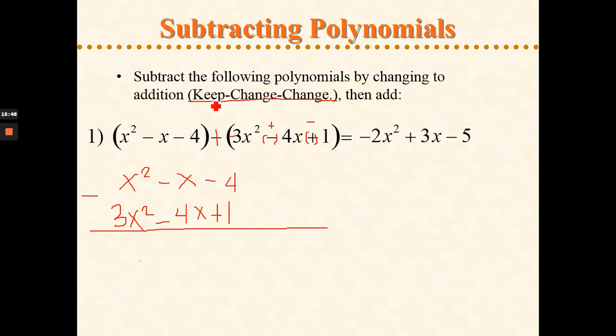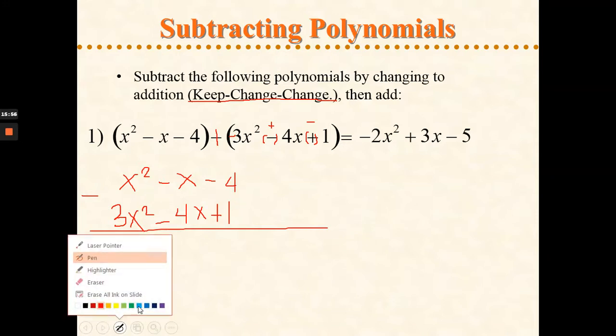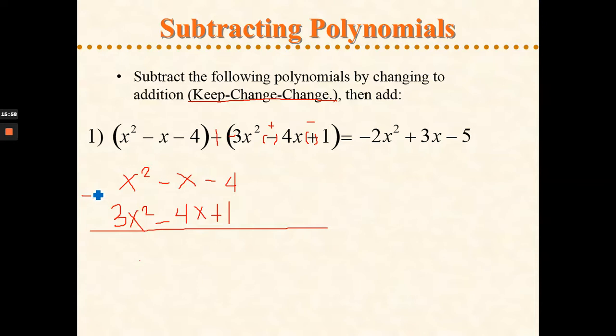So let's follow the rules in subtracting integers. Keep, meaning do not touch this. Then change. So we're going to change this, we're going to proceed to addition. Then change the sign of this one. That is positive, it will become negative. This is negative, it will become positive. And this is positive, it will become negative.